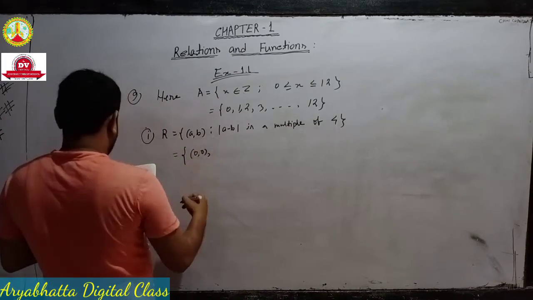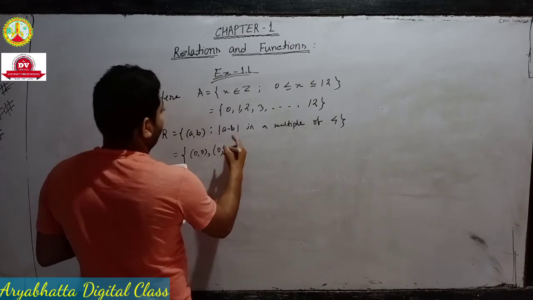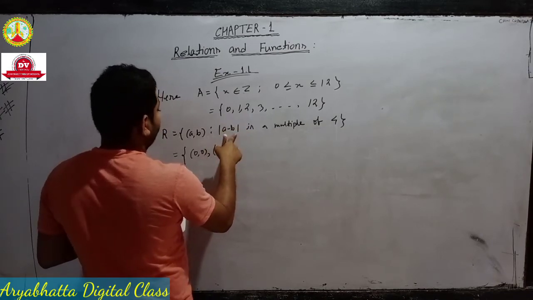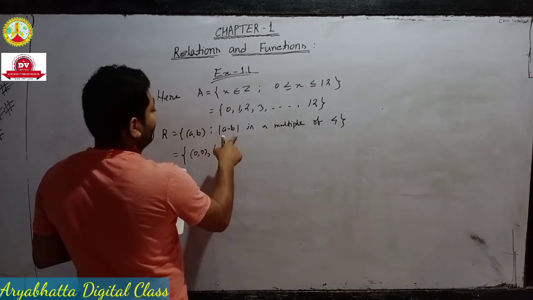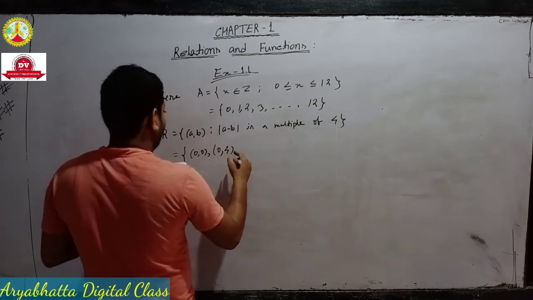This equals (0, 0), (0, 4), because modulus 0 minus 0 is equal to 0, and 0 is a multiple of 4. Modulus 0 minus 4 is equal to 4, and 4 is a multiple of 4.